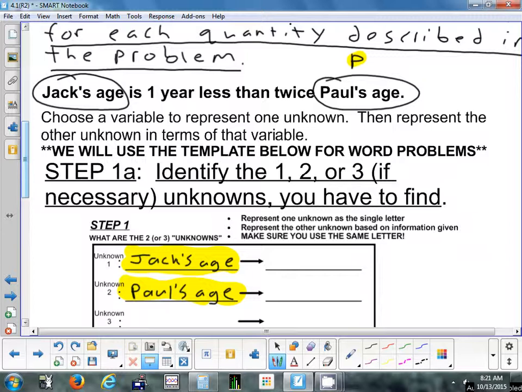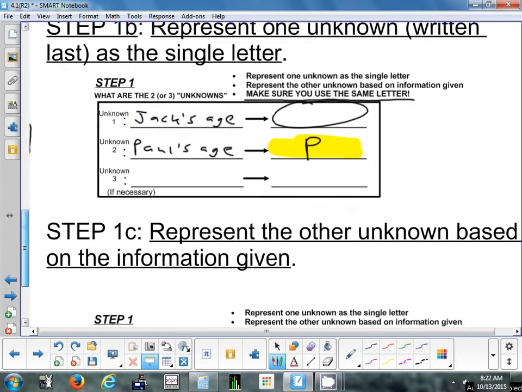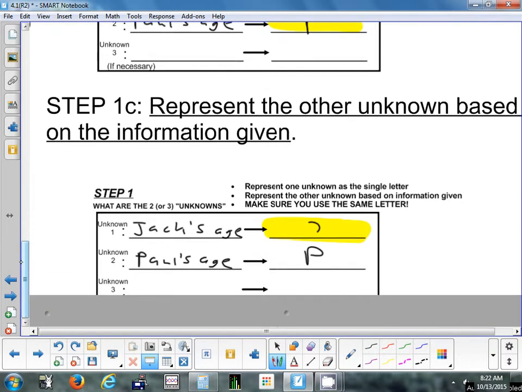Let's start with this: twice Paul's age. How would I represent just twice Paul's age? 2p. All right, so I'm going to start with 2p, and we'll put that in our box here.